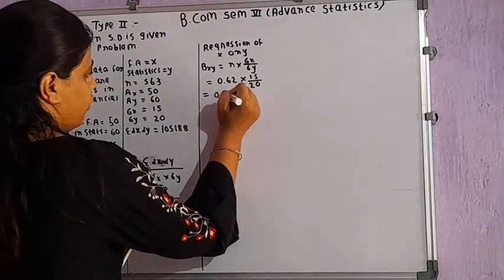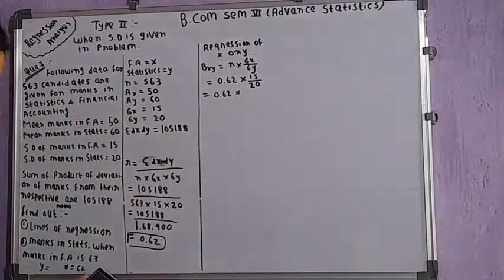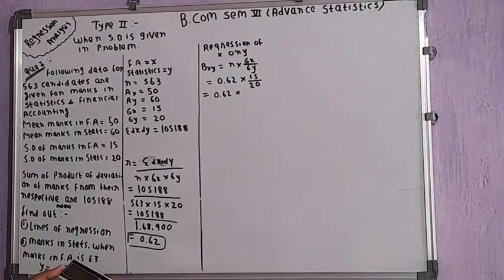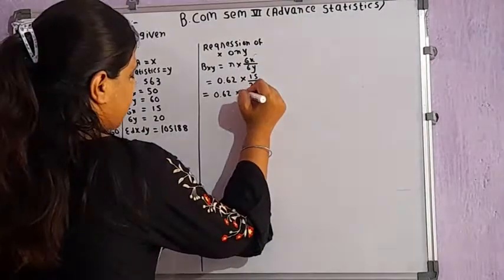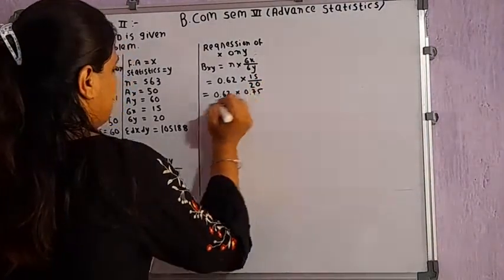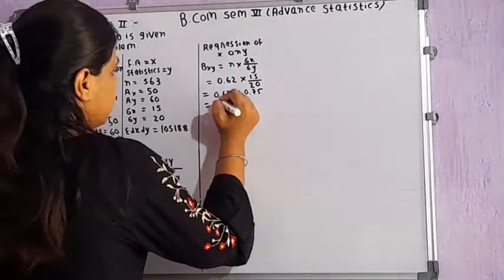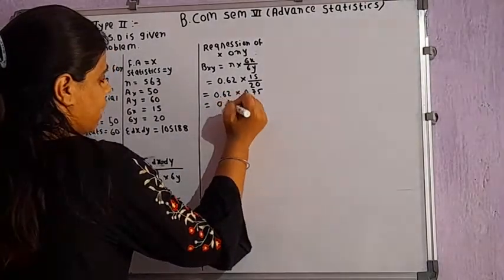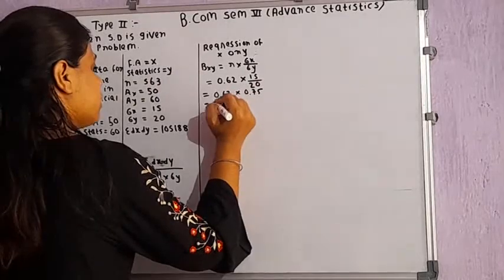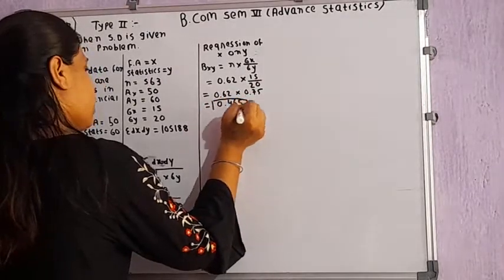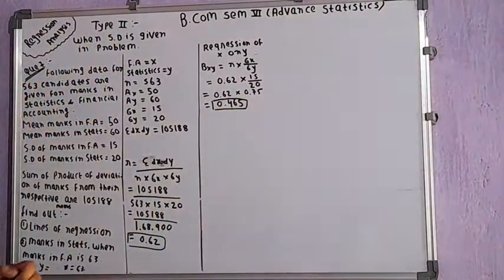So it comes to 0.75. 0.62 into 0.75. It comes to 0.465. So here regression coefficient of x on y is 0.465. Okay. This way we have got the value of bxy.